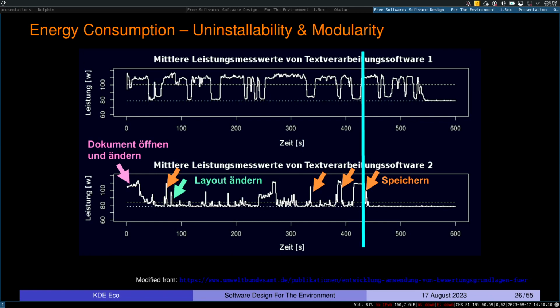That's the point at which the document is saved and the software goes idle. And what you can see here is that the proprietary software continues doing things in the background. It does it quite a bit, actually. And in comparison, the free and open source software product goes idle as you would expect, right?